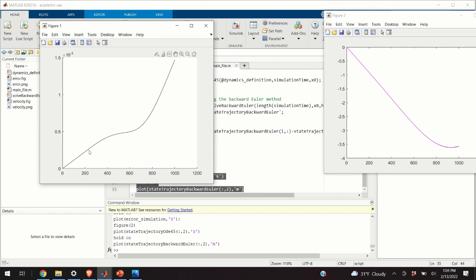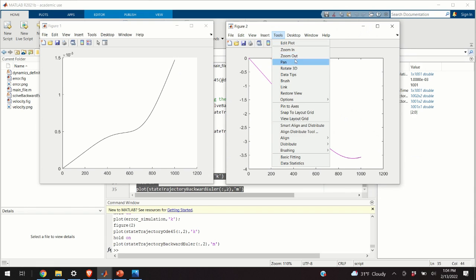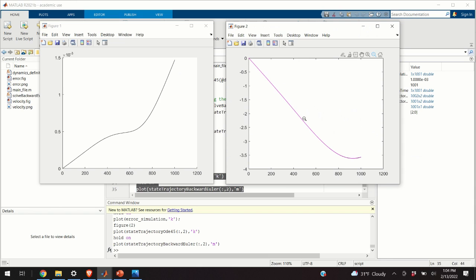The first graph shows the error evolution in time, the error between the ODE45 and the backward Euler method, and here I can see the state trajectories. Magenta is my state trajectory obtained by using the backward Euler method. And the black line is the state trajectory obtained by using ODE45. You can see that we have a very good match and the error is relatively small.